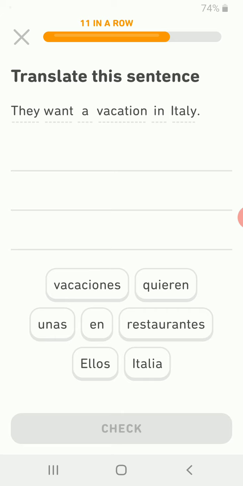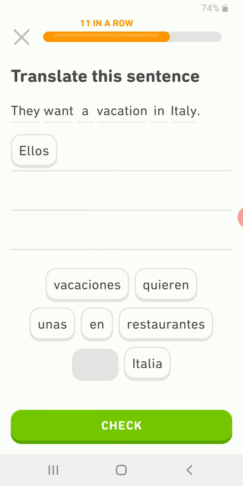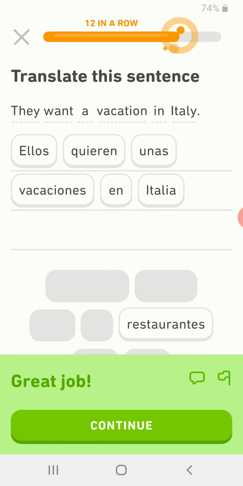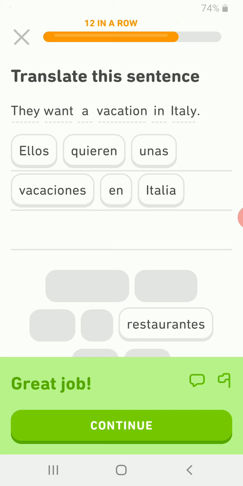So they want a vacation in Italy. They want holidays, basically. Ellos quieren some vacation, we'll say, in Italy. So it's not the same thing. They want a vacation in Italy, and here in Spanish we say that they want some vacations in Italy.